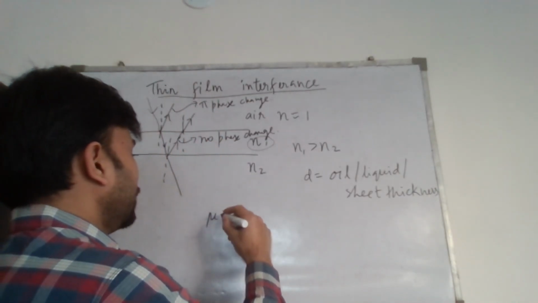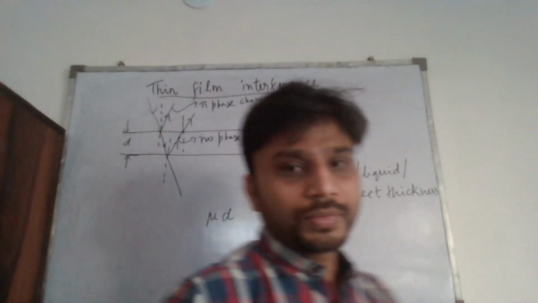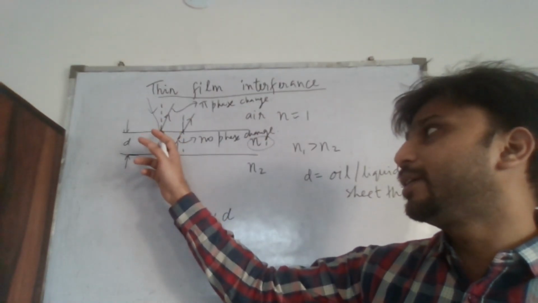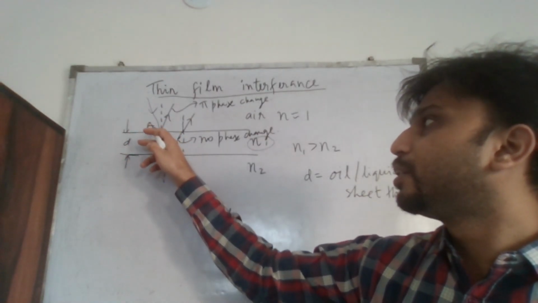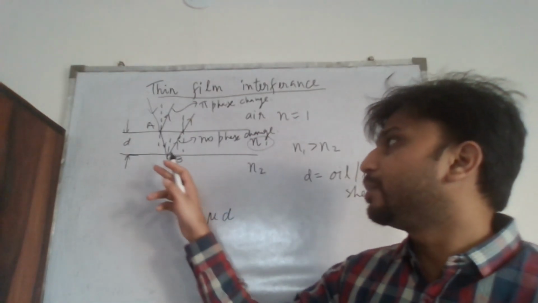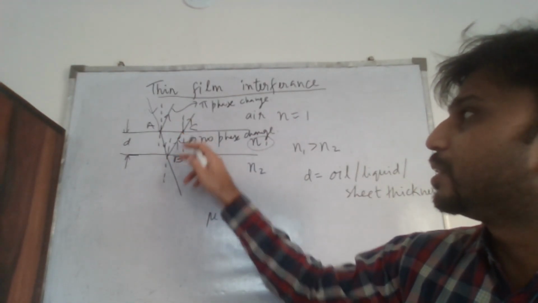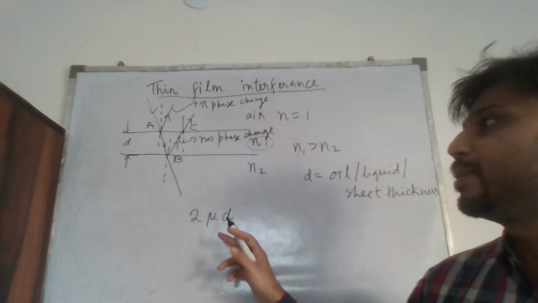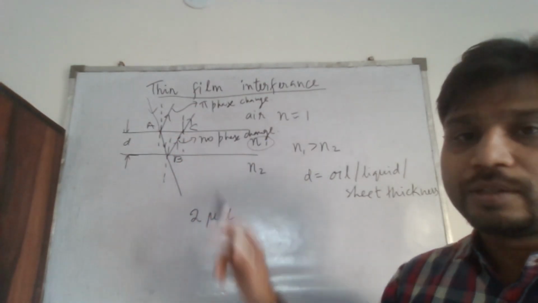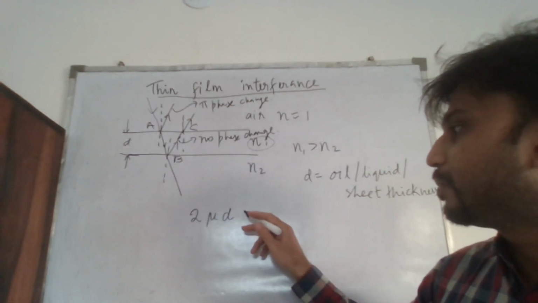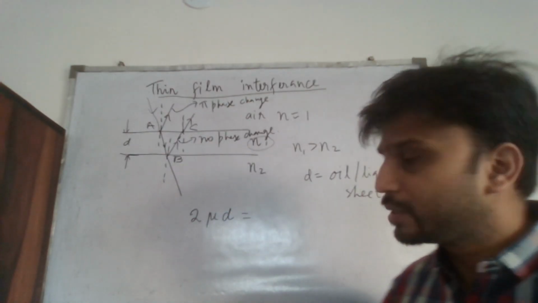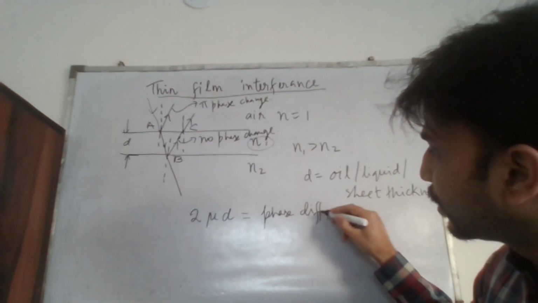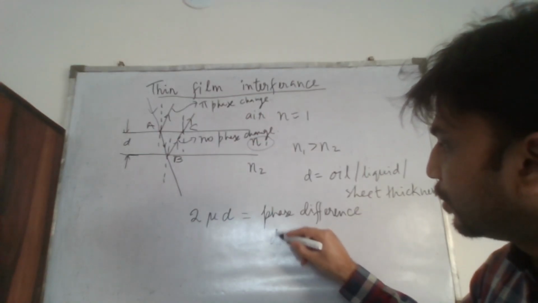We say mu into t. This is the optical path for this particular distance when the ray travels from point A to point B. When the ray travels from point B to C, there is an additional optical path of mu t. So this is the extra optical path traveled by this ray. This extra optical path is what contributes to the phase difference. Phase difference due to optical path.